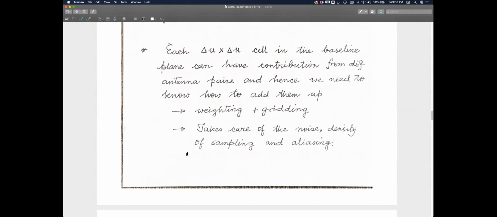But I may have another pair of antennas at a different time giving a contribution in the same baseline grid cell, right? So now I have to consider both, and figure out how to combine these two measurements to give a representative value of the visibility at that given grid cell. That is done by weighting and gridding schemes, which Poonam has talked to you about at length, and I will not go into.